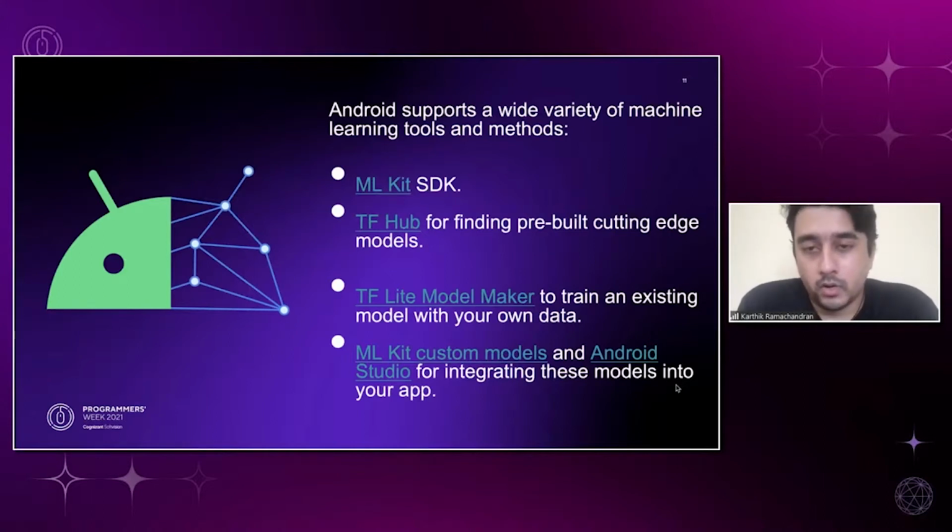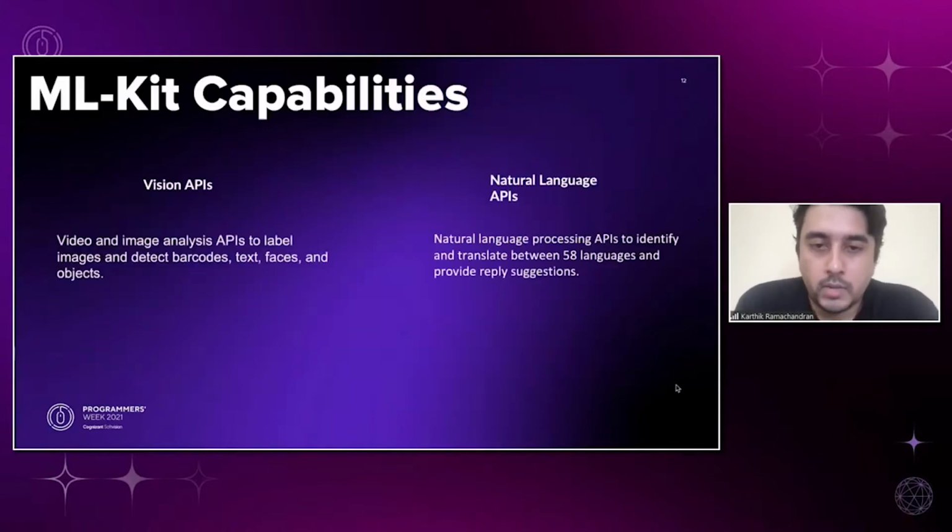I'll be talking more about the ML Kit SDK. I won't be covering how to create models and how to deploy them to your Android Studio project, because it's not tedious, but requires a bit of research. And I have done a good amount of research on the ML Kit, so I'll be talking about that.